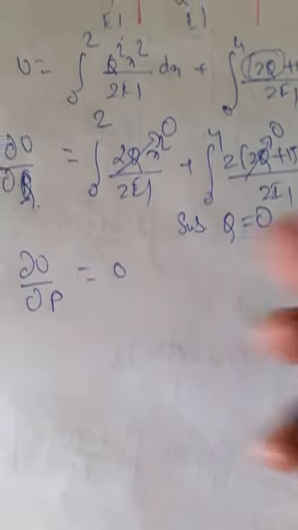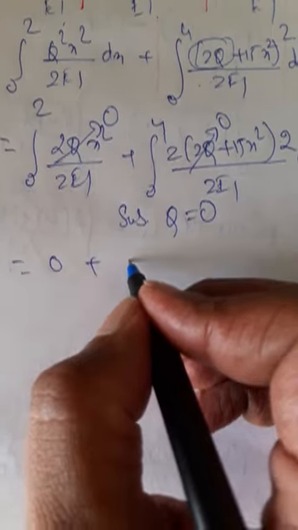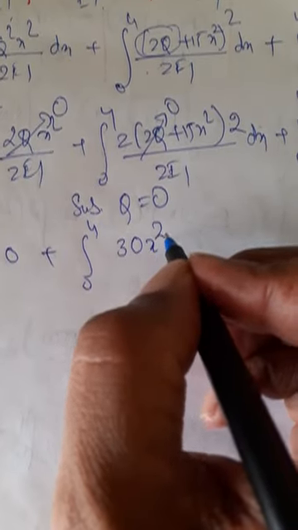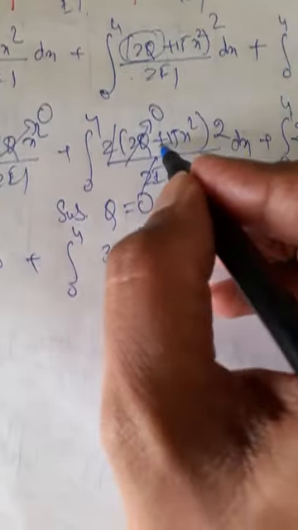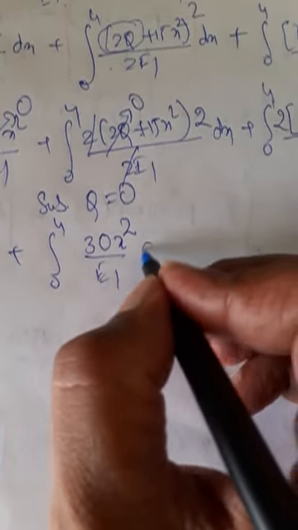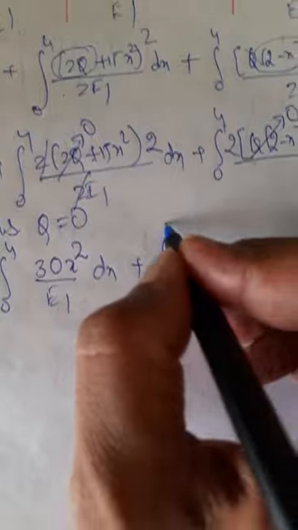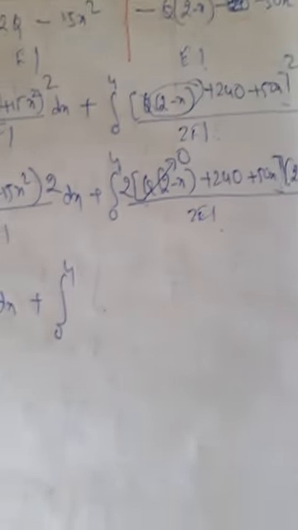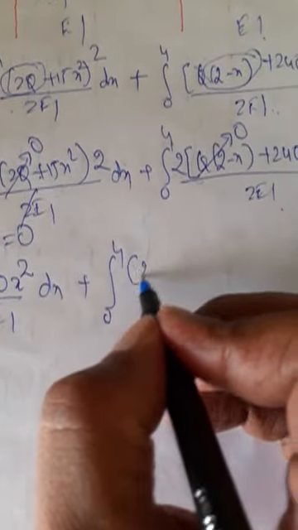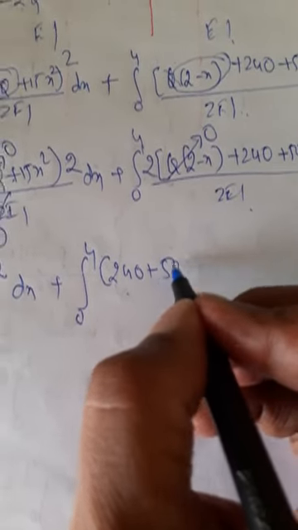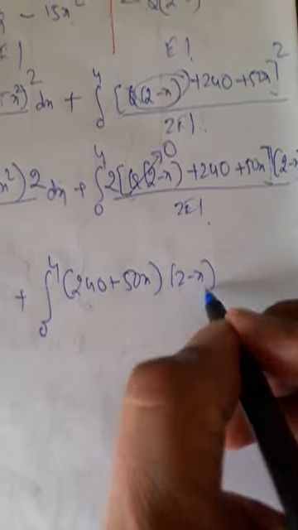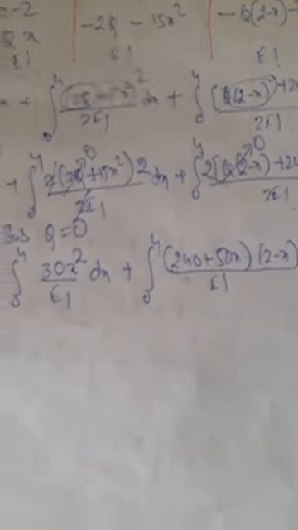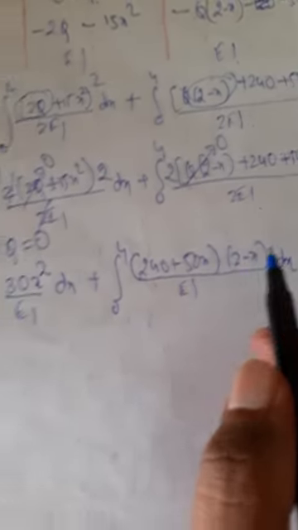So I am left with 0 plus 0 to 4 of 30x square, this and this get cancelled, 15 to 30, 30x square by EI dx, plus 0 to 4 of 240 plus 50x into 2 minus x divided by EI dx. Now I have to solve this bracket first.